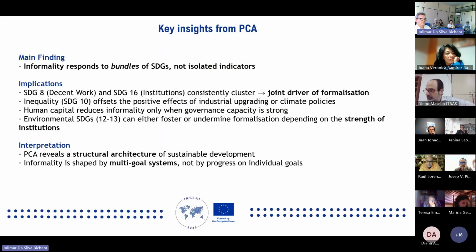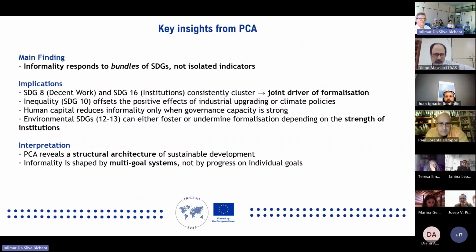In terms of interpretation, PCA reveals the structural architecture of sustainable development, and informality is basically shaped by multi-goal systems, not by, let's say, progress on the individual goals.